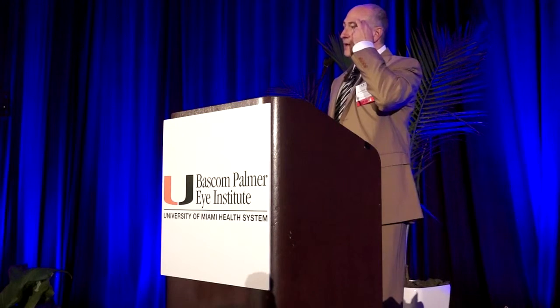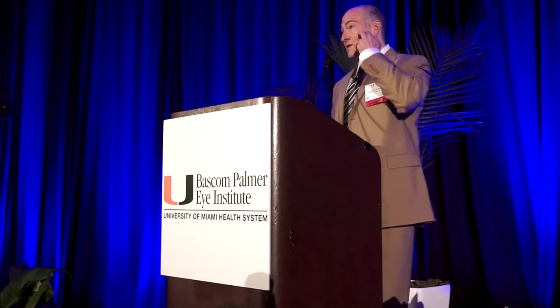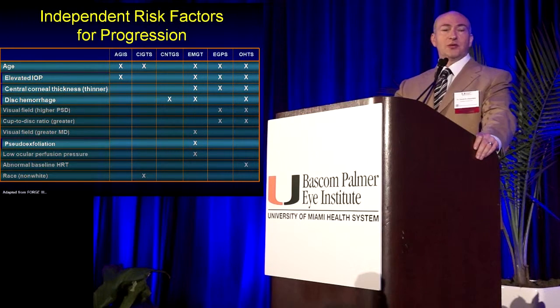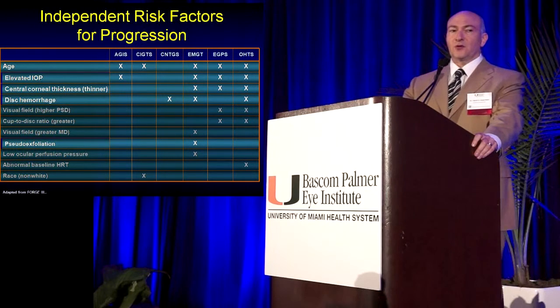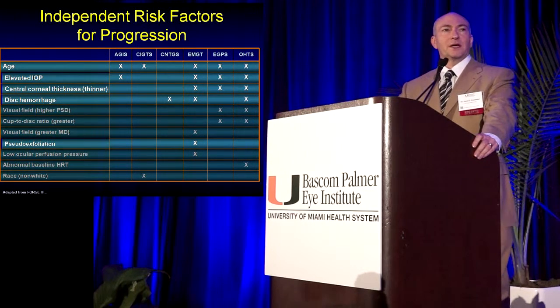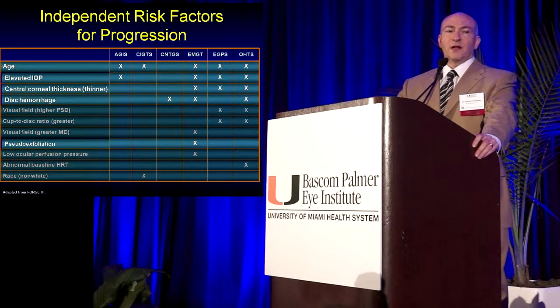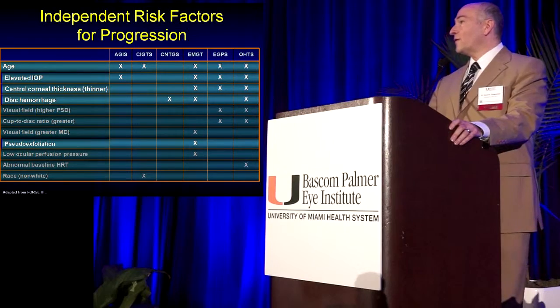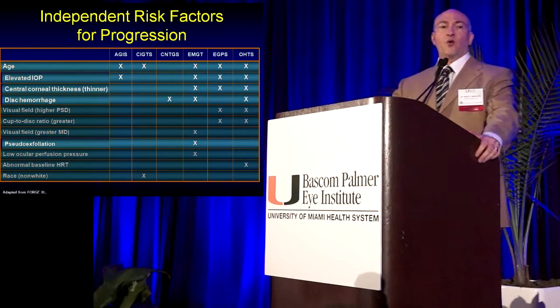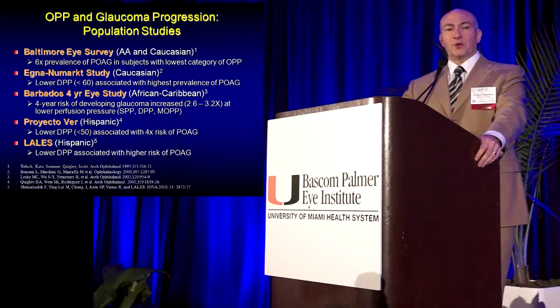So, we know from many clinical trials that have been conducted over the last 2 decades in glaucoma research what important risk factors are for the development of and progression of glaucomatous optic neuropathy, and include, most importantly, elevated intraocular pressure, but also reduced central corneal thickness, the development of an optic disc hemorrhage, and exfoliation are all very important risk factors for glaucoma development and glaucoma progression.